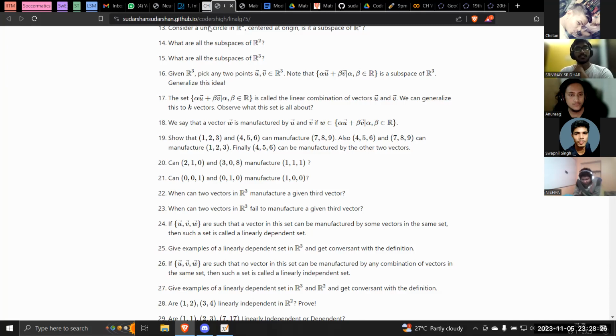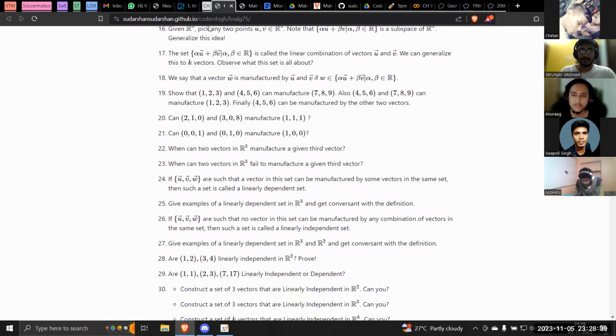So can we now talk about when two vectors in R3 can manufacture a given third vector? Only when the third vector lies on the plane generated by those two vectors. Okay, a good start, but it's not perfect yet.